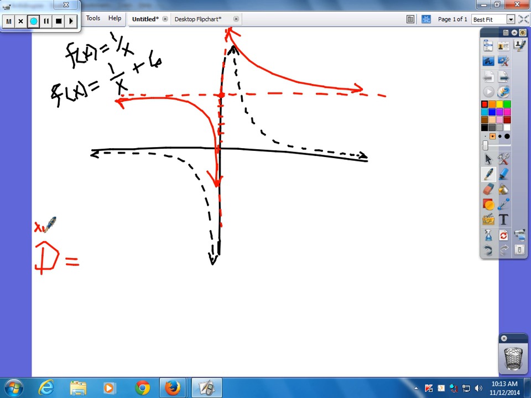I've been saying this since the first day of class. So what axis? Okay? So what values can we put in to this function? Can't put in 0 because 0 gives you a what? Vertical asymptote, meaning that's undefined. You plug in 0 right here, you're not even going to get to add the 6 because the function blows up.